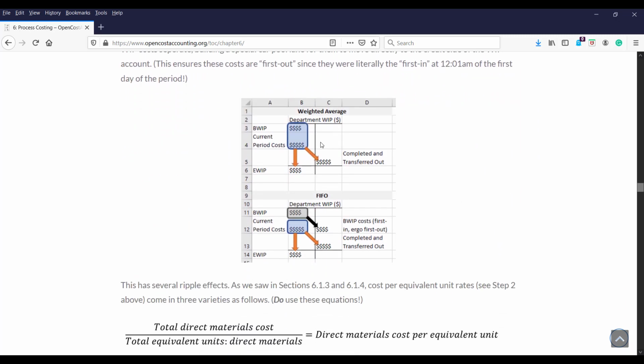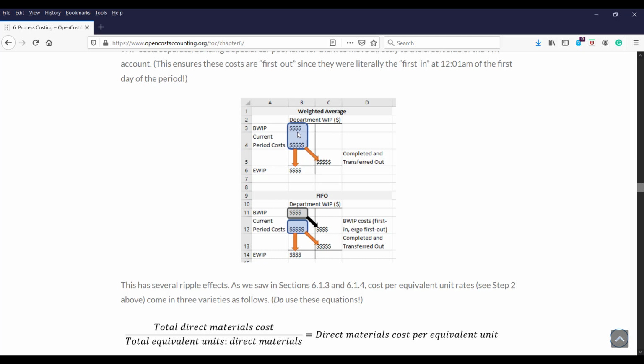So in weighted average, you're going to take your beginning WIP costs and divide them up into ending WIP and into completed and transferred out. You don't really care if some of these beginning WIP costs end up in ending WIP again. Thus it's a weighted average. And so let's say, for example, you have these beginning WIP costs because you did process costing last period, and you came up with a certain number for ending WIP, that becomes your beginning WIP cost number here.